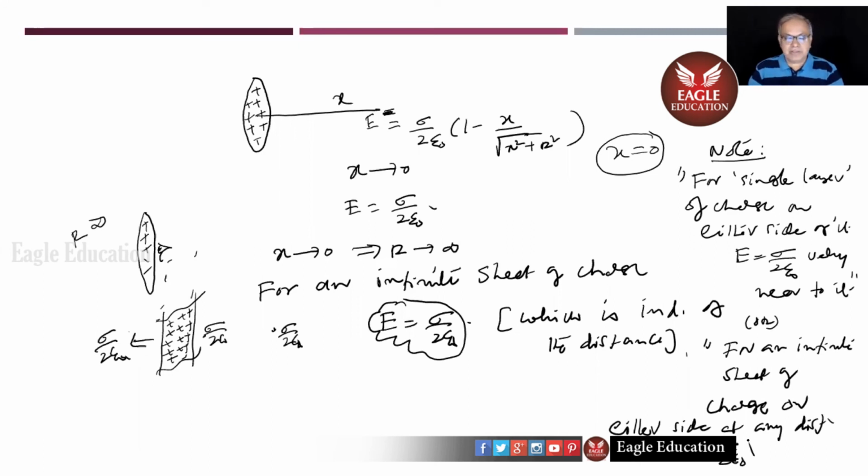So that is the summary. And I told you this particular formula. Which formula? Sigma by 2 epsilon 0 is the most important formula for us in future. So the kind of statements I'm making in inverted commas are very, very important.